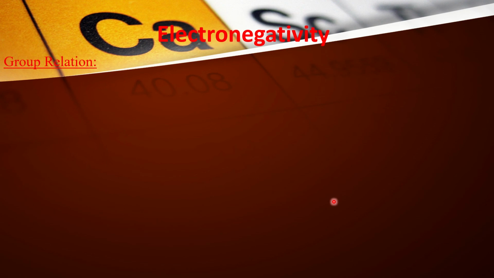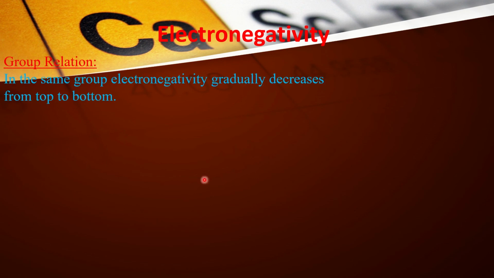Now, group relation. In the same group, electronegativity gradually decreases from top to bottom. Like ionization energy and electron affinity, electronegativity also depends on atomic radius. When atomic radius is more, electronegativity is less, and when atomic radius is less, electronegativity is more.